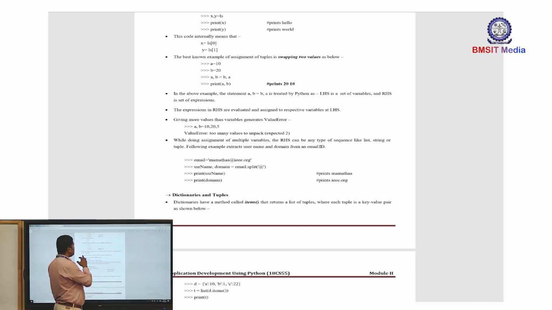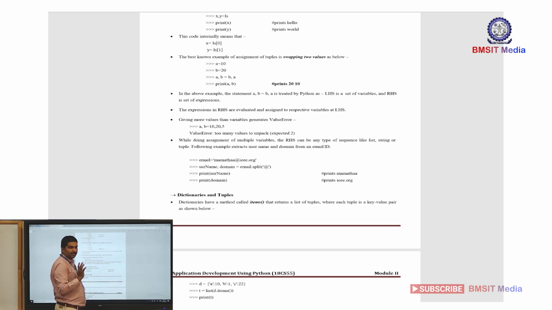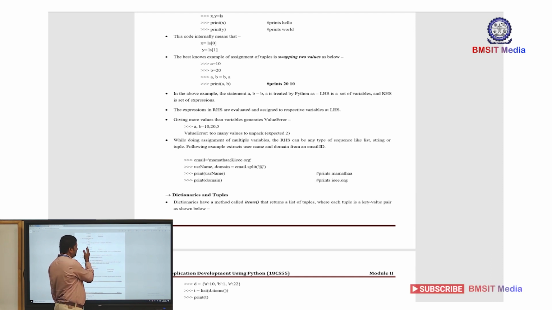Fine. Now, in this example, a, b = b, a is treated by Python as follows: LHS is a set of variables and RHS is a set of expressions. This is what is done internally. LHS will be treated as a pair of variables, and RHS will be treated as a pair of expressions.